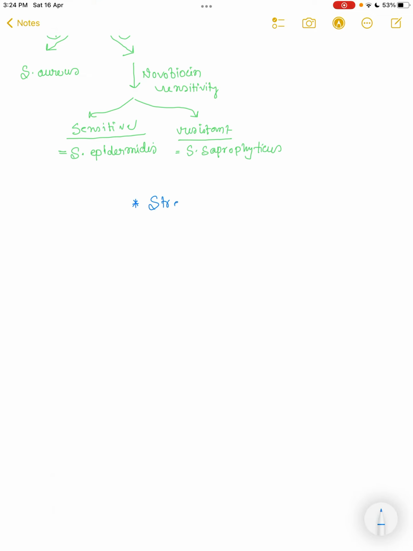Streptococci, it is very important, because many find it difficult, and even I do also. So it is very important to differentiate between Streptococci. So the first thing, we have to look for the hemolysis, and there is alpha, beta and gamma hemolysis.